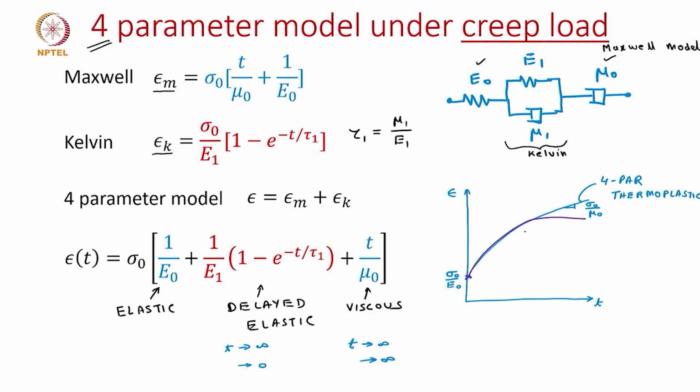The only difference is if we wait for very long times, it reaches a constant value. That constant value is coming from the delayed elastic. So, this is for the 3 parameter model.